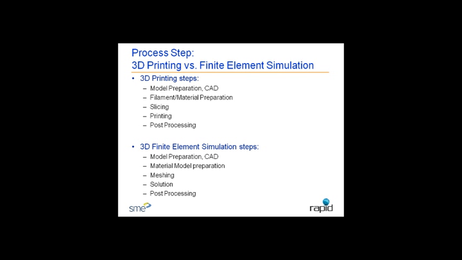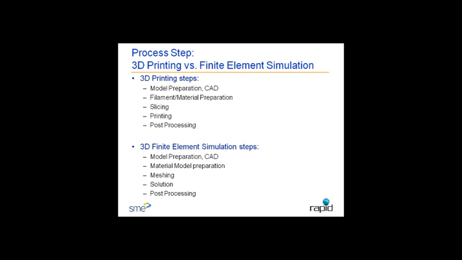Now, if we compare these steps with the process steps of a finite element simulation, we see many similarities. First step of finite element analysis is again model preparation. Next is the material model preparation. This follows with the important step of meshing, which is equivalent to slicing in 3D printing.